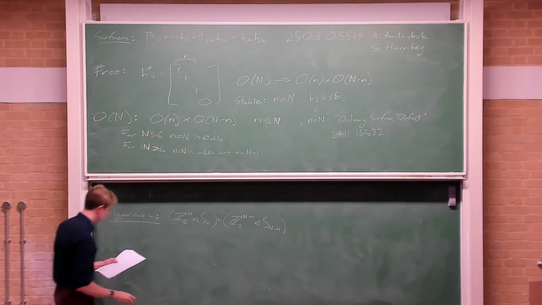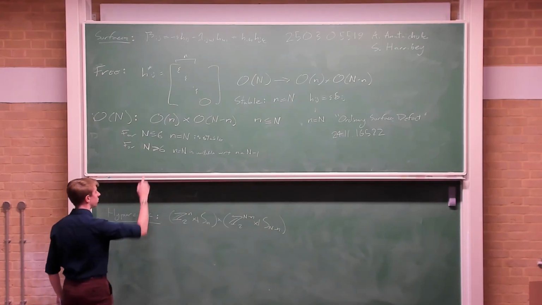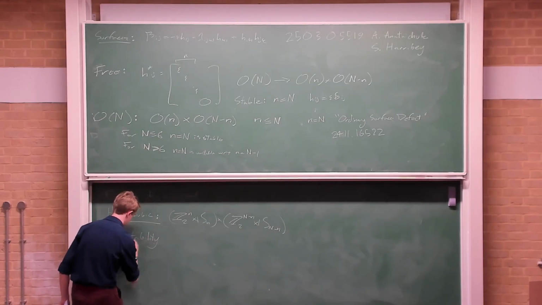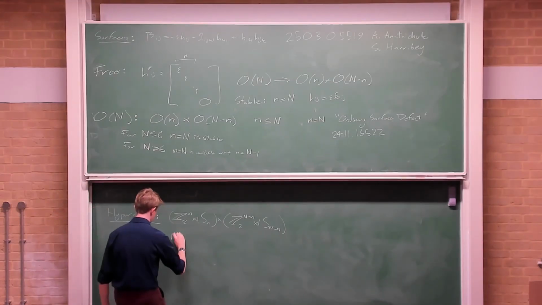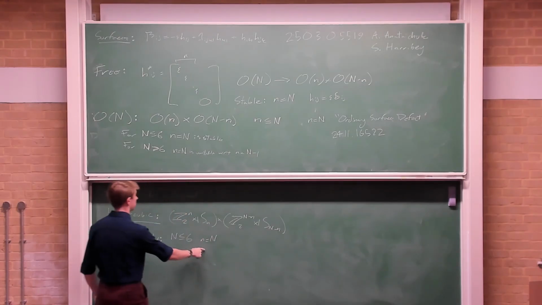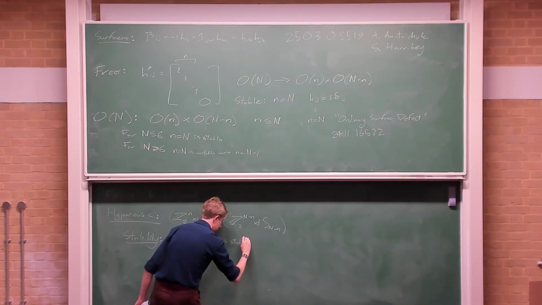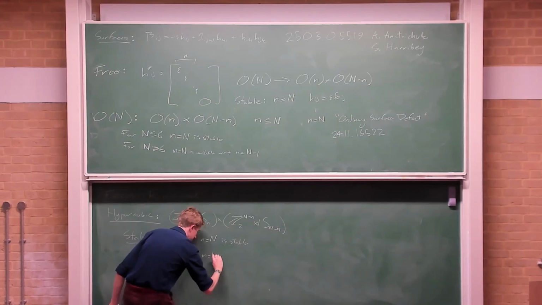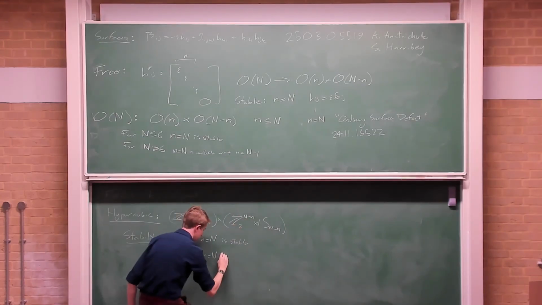And again, the exact same stability property holds. For n less than or equal to 6, the symmetry preserving defect is stable. But then for n bigger than 6, it's unstable with respect to deformations towards this defect.